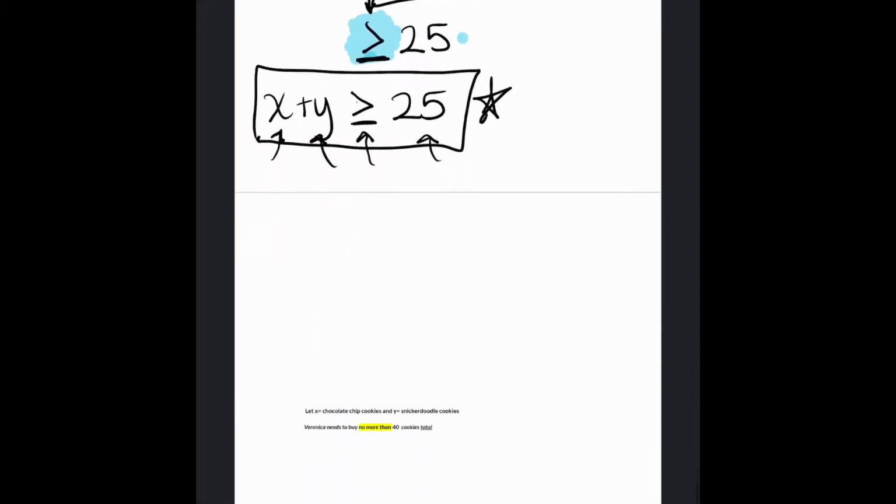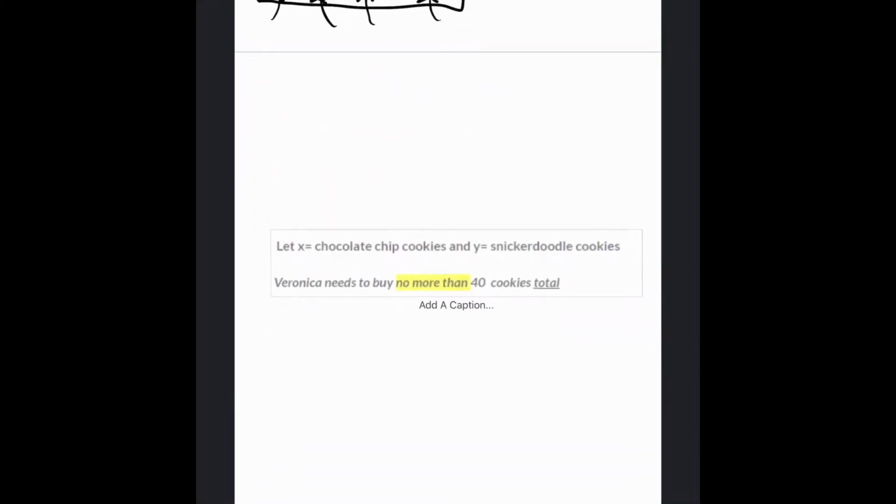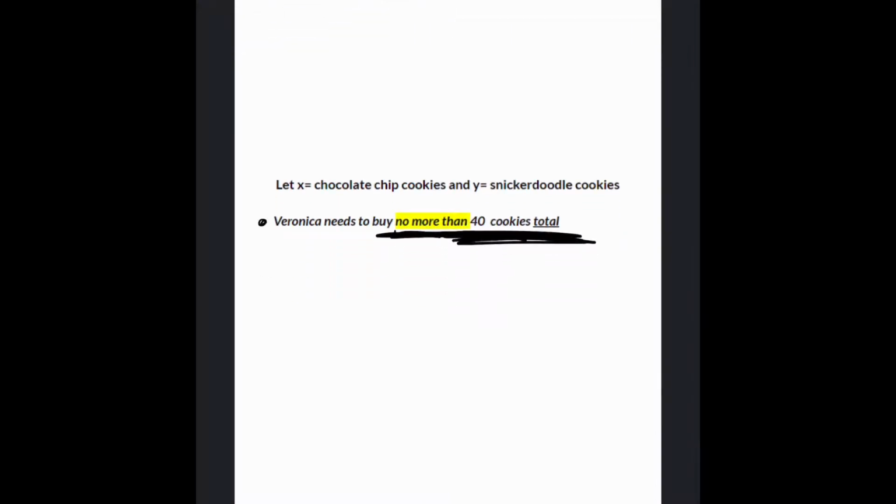On the next slide, you will see this second situation. Let X be chocolate chips and Y be snickerdoodle cookies. Veronica needs to buy no more than 40 cookies total. Why don't you go ahead and try this one first, and then come back and check with the video if you'd like.